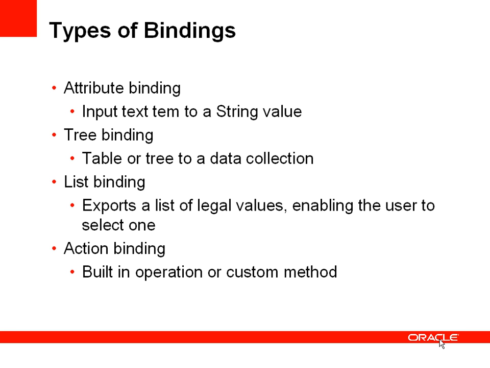And you also have an action binding, and you would create and use an action binding if you want to call an underlying custom or built-in method on your data control, for example, next, delete, previous, create, or as we mentioned earlier, some custom methods like hire employee or close department.